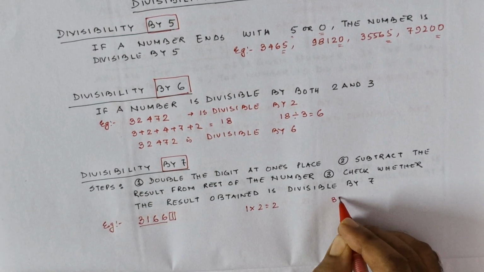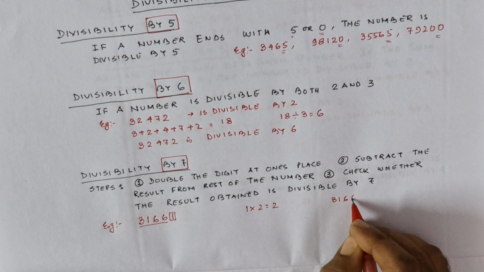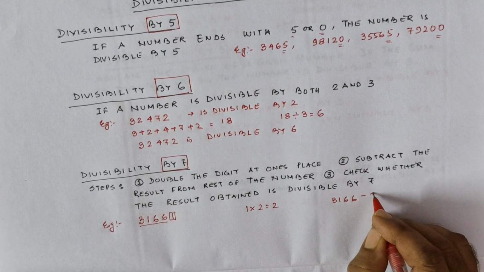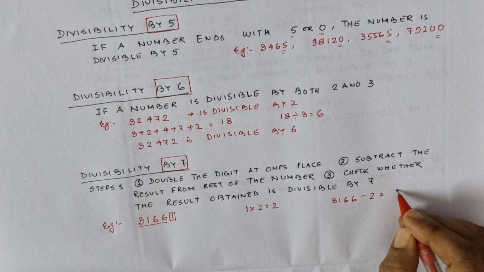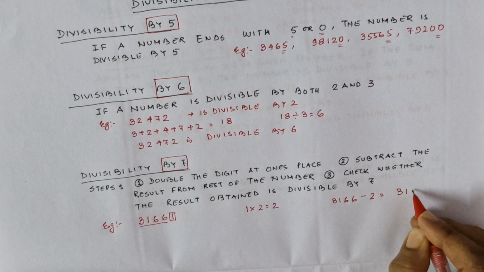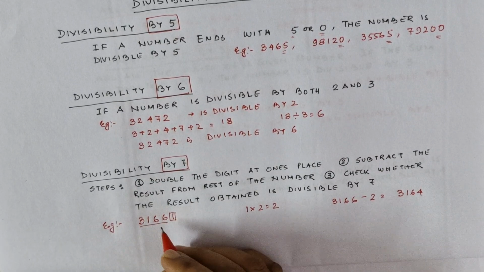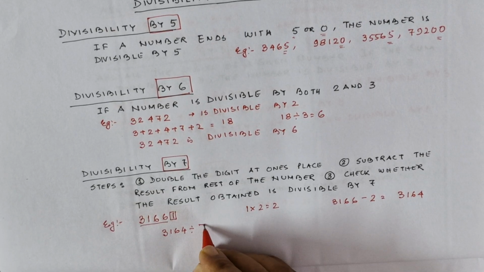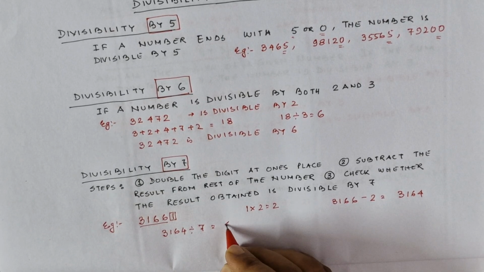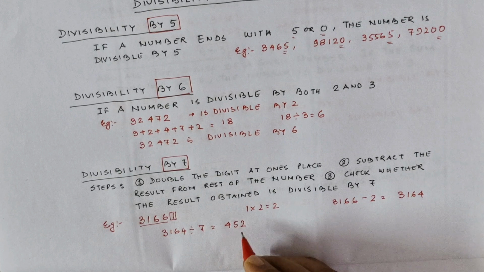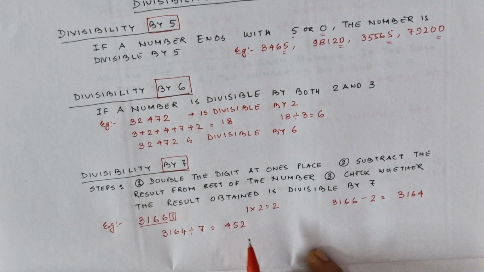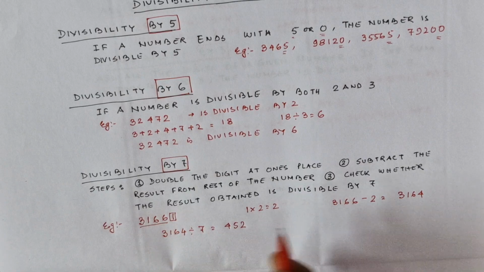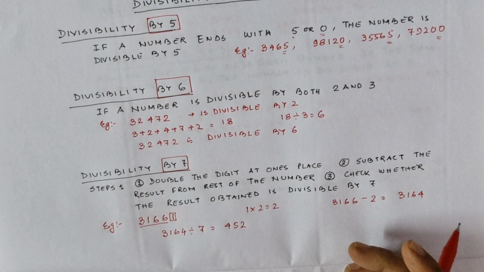Go ahead and subtract the number that is doubled. So the result is 3164. Now check whether 3164 is divisible by 7 or not. Yes, it is divisible by 7. So the answer is 452. Now we can say the whole number 31661 is divisible by 7.